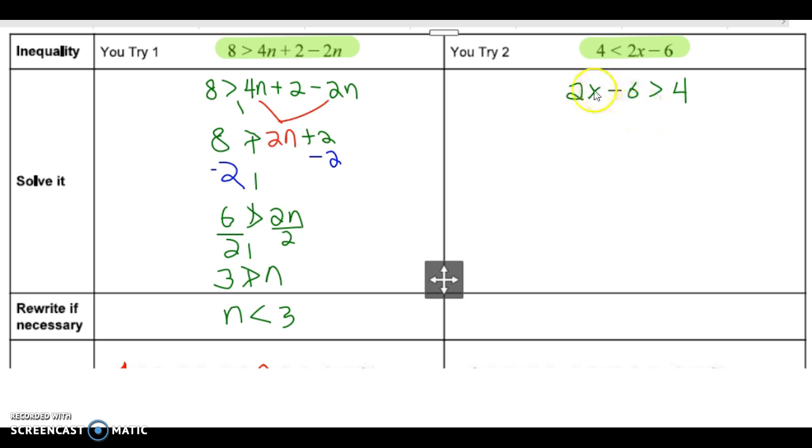Another thing you could do is you can rewrite the inequality at the beginning. It may make your life a little bit easier, okay?